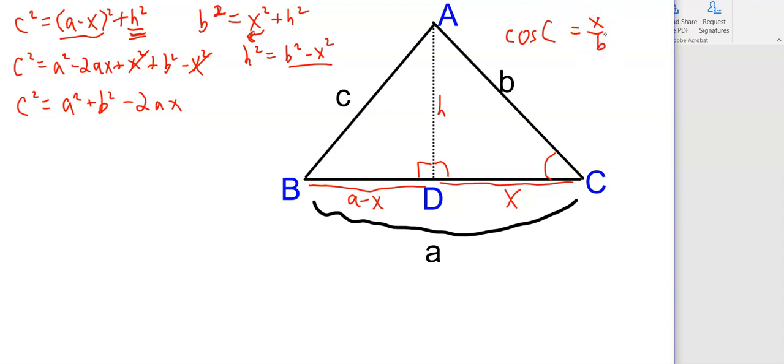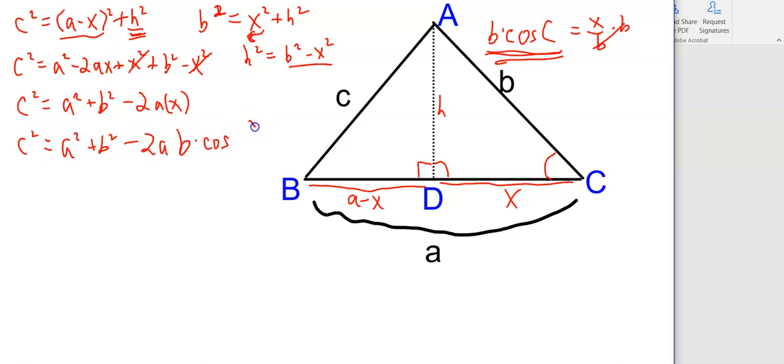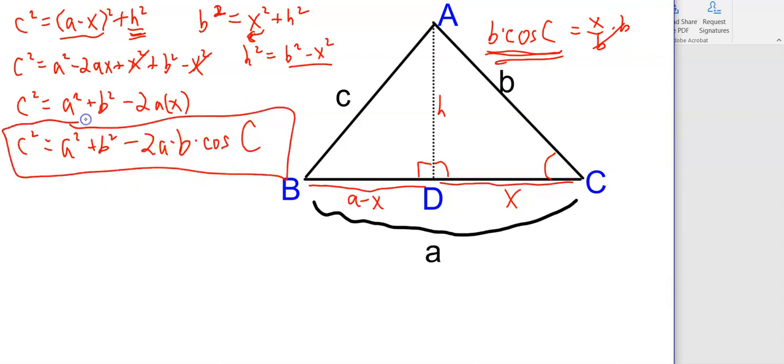So if I solve that one for x and multiply by b, you get x equals b cosine c. So instead of x right here, I'm going to plug in b cosine c. So let's see what happens. c squared equals a squared plus b squared minus 2ab times cosine c. Okay, so that is actually the law of cosines. That's where it comes from. One way of deriving it is a Pythagorean identity.